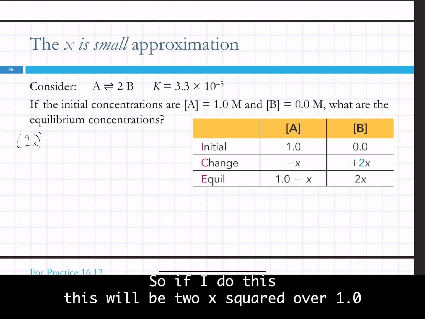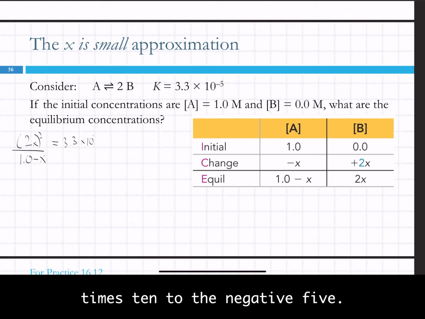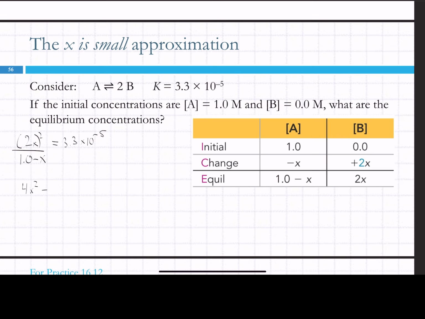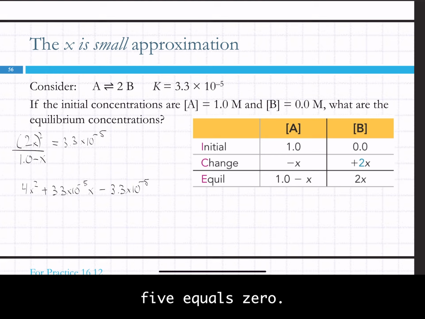This will be 2x squared over 1.0 minus x equals 3.3 times 10 to the negative 5. This will be 4x squared plus 3.3 times 10 to the negative 5 x minus 3.3 times 10 to the negative 5 equals 0.